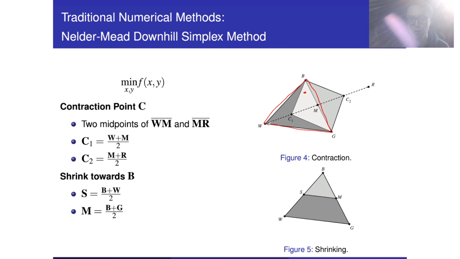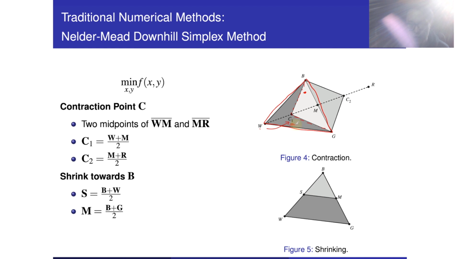Now what we are going to do is bring the worst vertex toward or inside this triangle to form this triangle. So bring W to C1. Or we have another option, because no matter what you are doing, you cannot improve the solution, so we are going to reduce the size of the triangle.